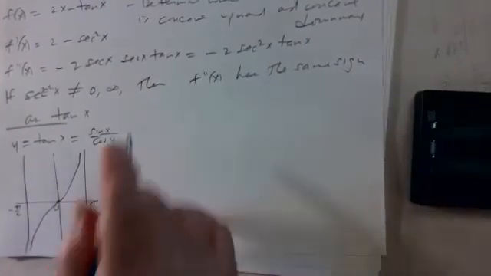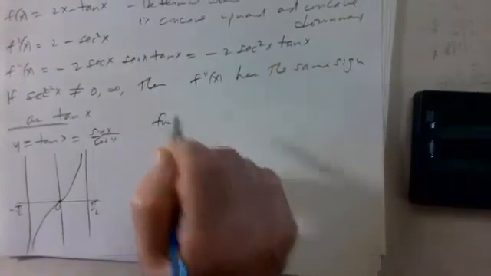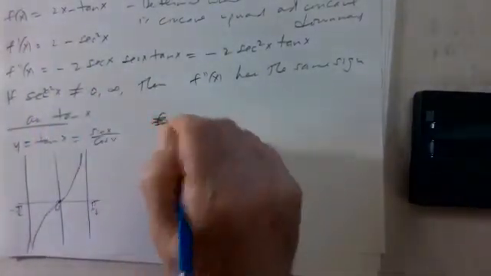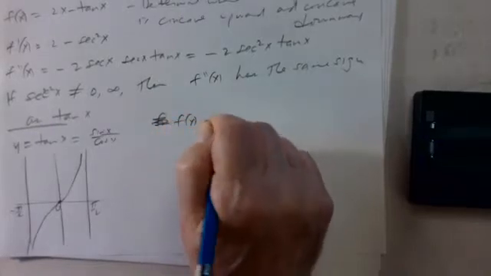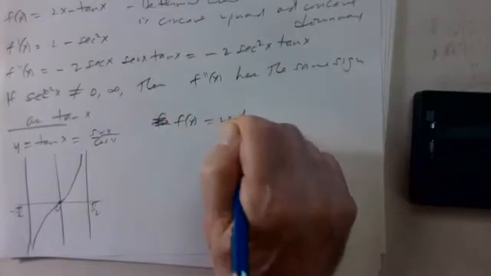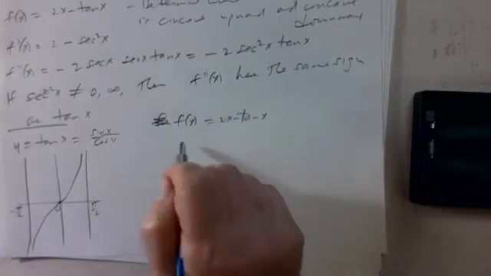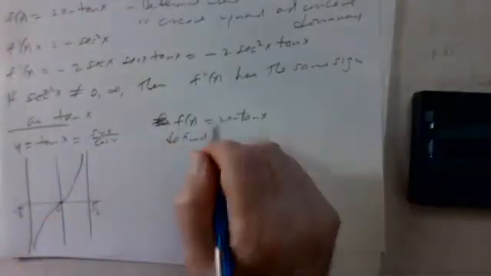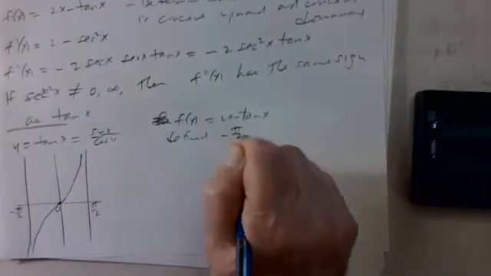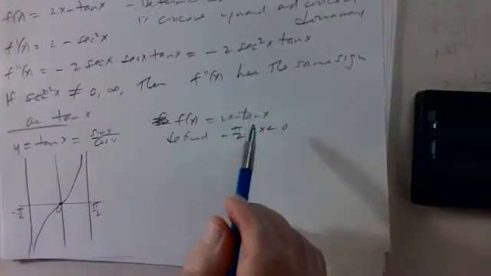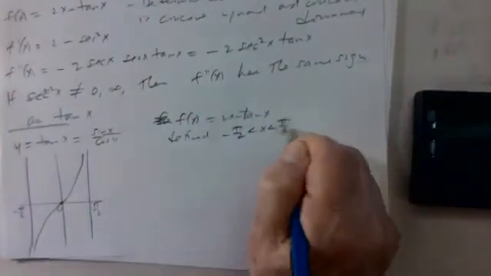So what can we say? First of all, this function, f of x equals 2x minus the tangent of x, is defined for minus pi over 2 less than x less than pi over 2.